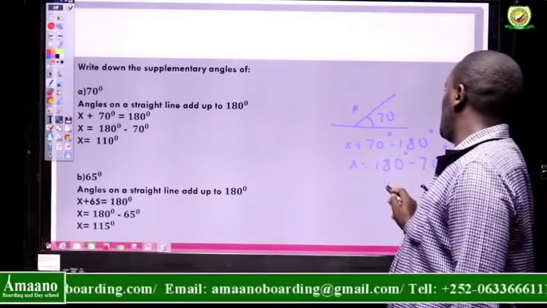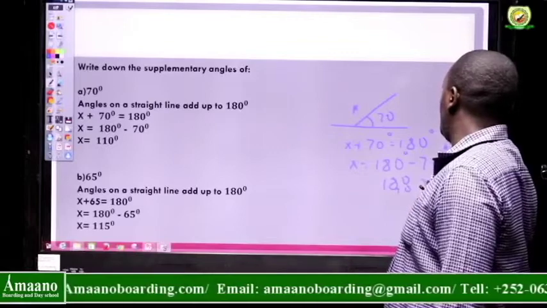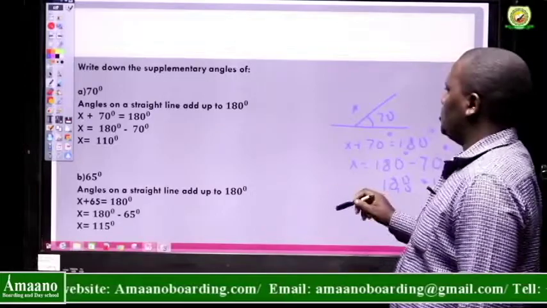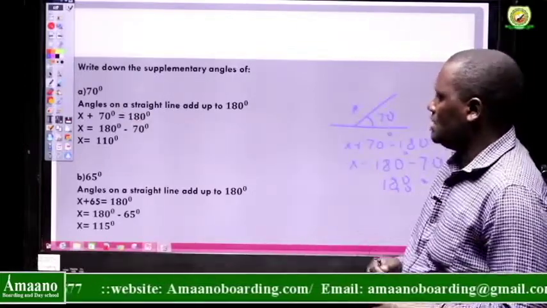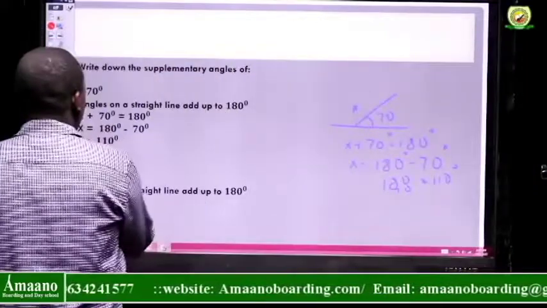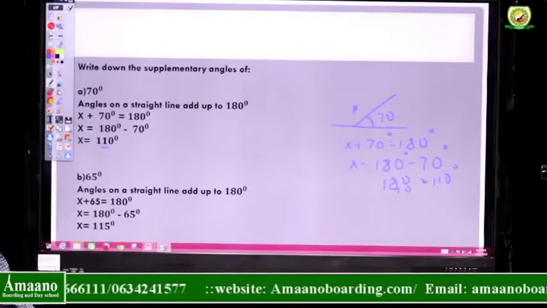So I'll say 180 take away 70, that's going to be 110 degrees. So the supplementary angle of 70 degrees equals to 110 degrees. As you can see here, I calculated.